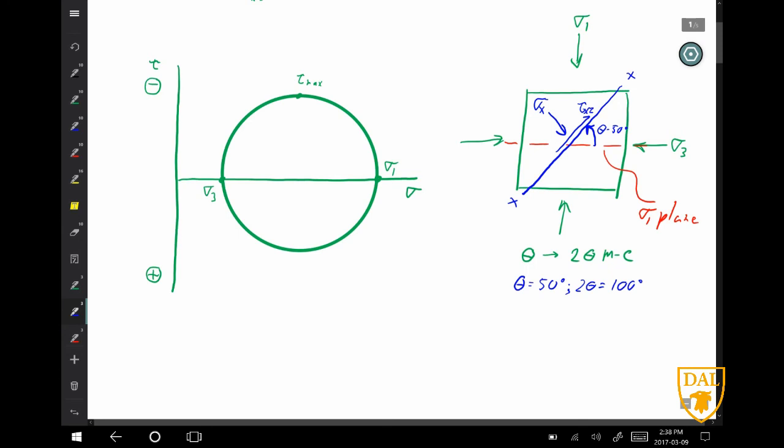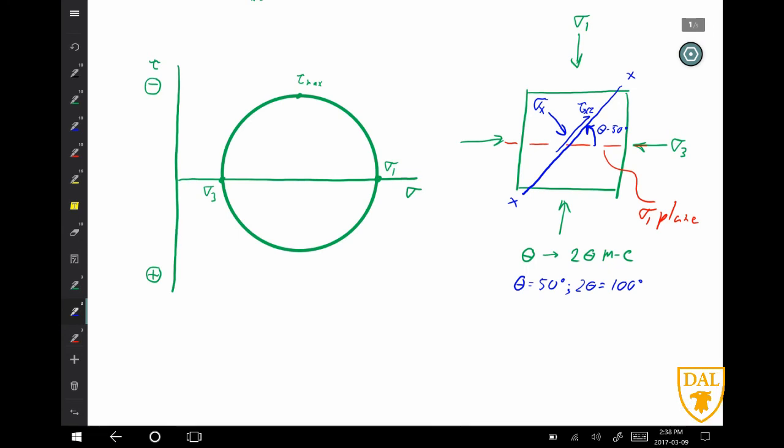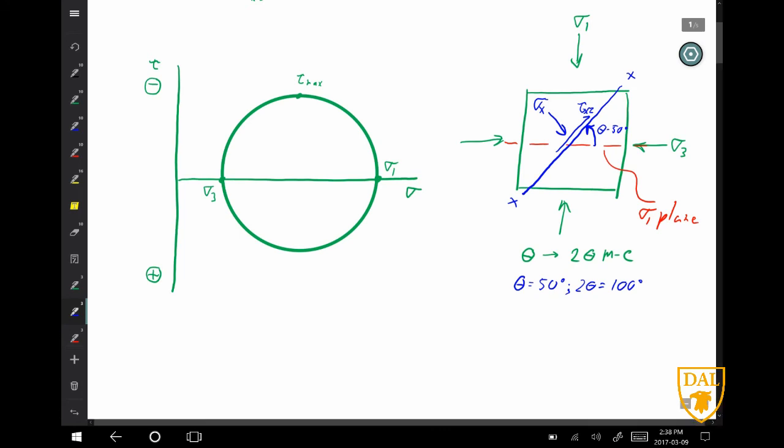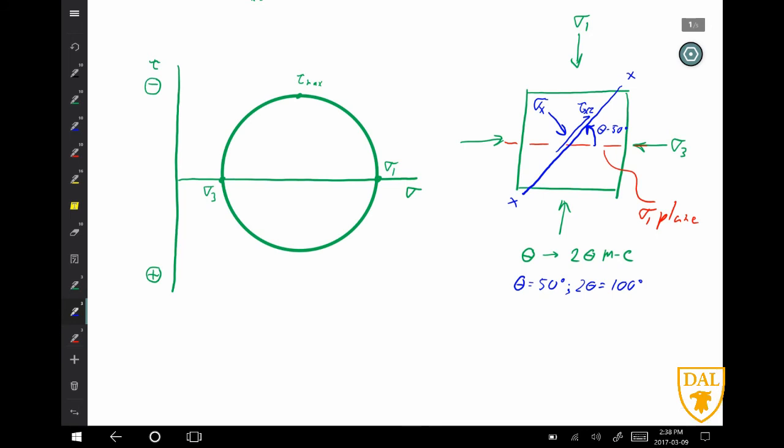So we want to figure out 50 degrees from what and in which direction. In the stress block, you can see that it is going 50 degrees from the major principal stress plane in a counterclockwise direction.